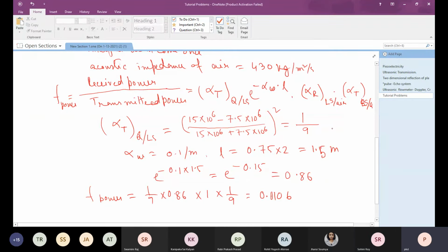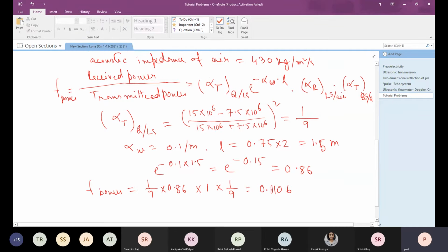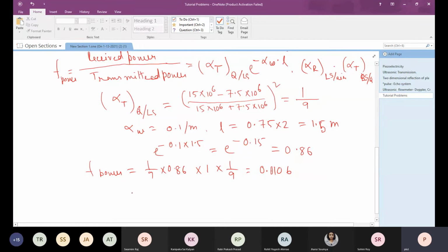This is the reflection coefficient, but actually we have to consider the transmission coefficient. You should have checked, no? Basically, this is the reflection coefficient.